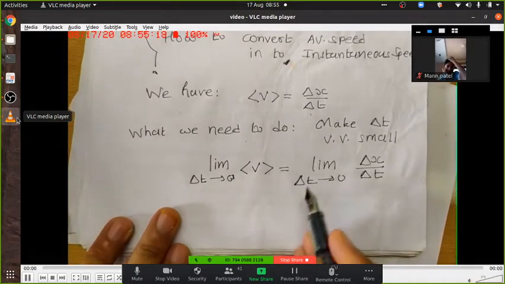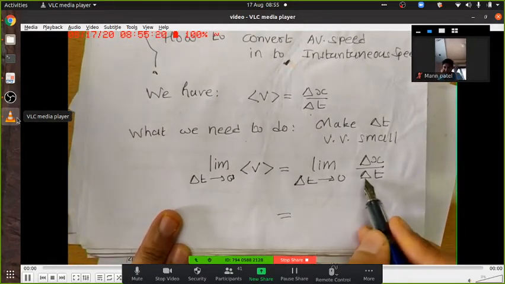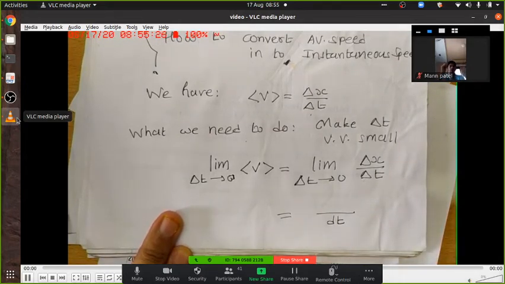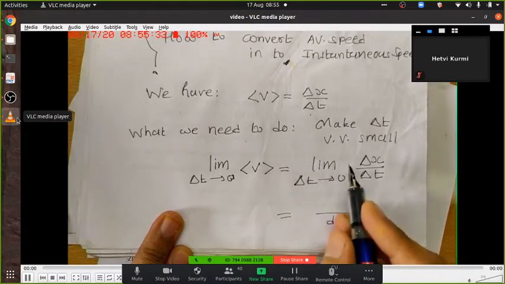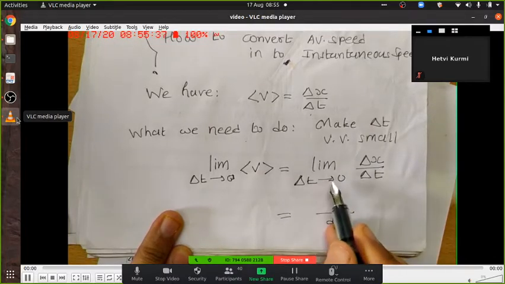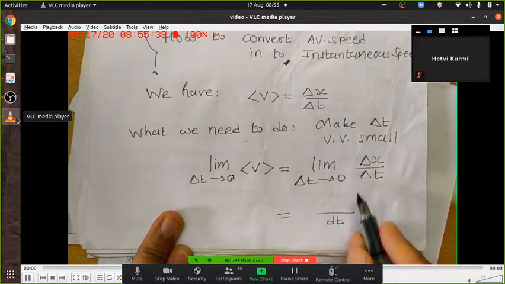Now look at the right side. Now instead of delta t, shall I write dt only? Okay. Now these together, इसका मतलब क्या हुआ कि time interval whichever you have chosen is very very small. So for that you are allowed to use this symbol dt.